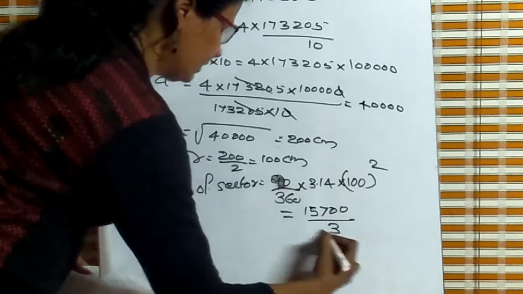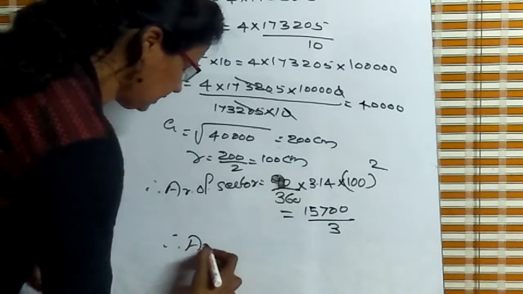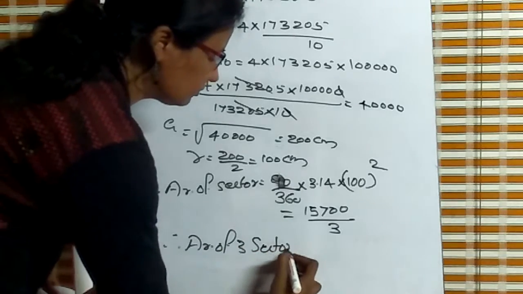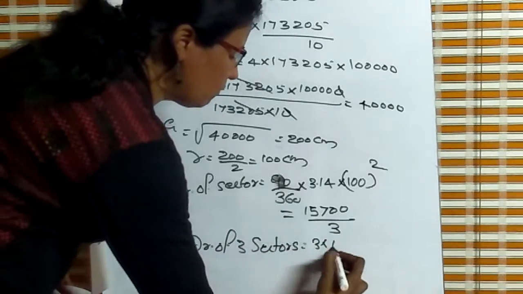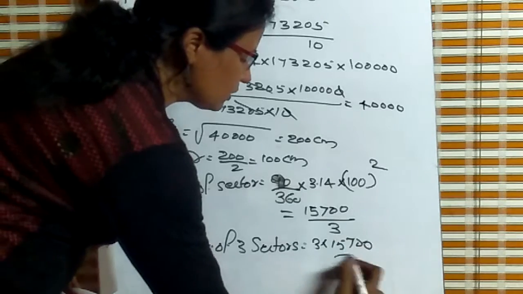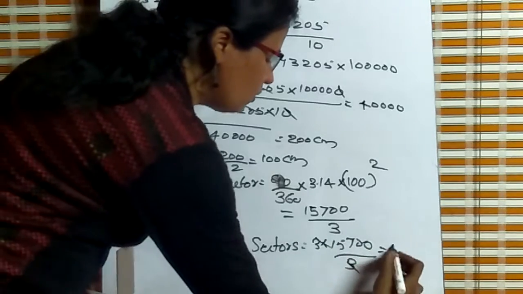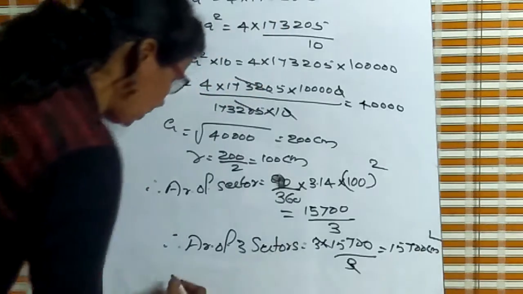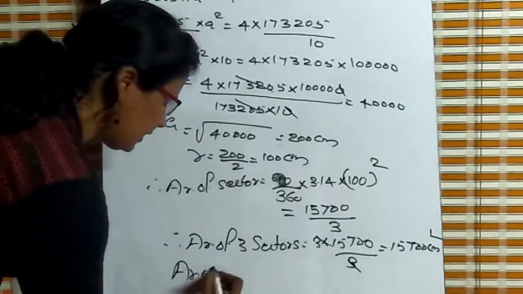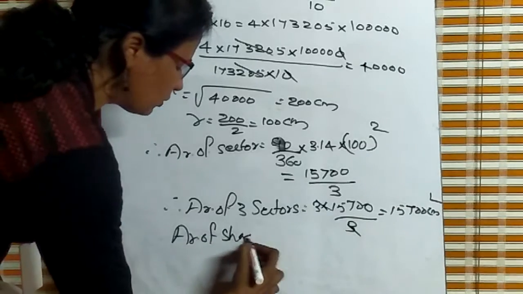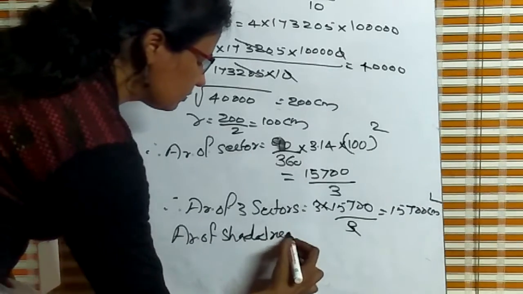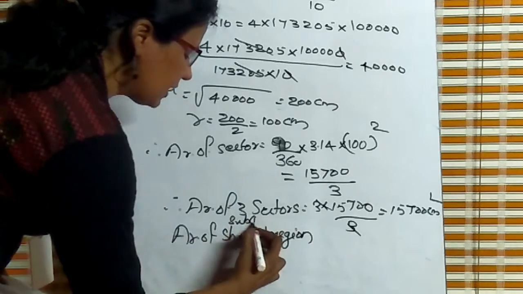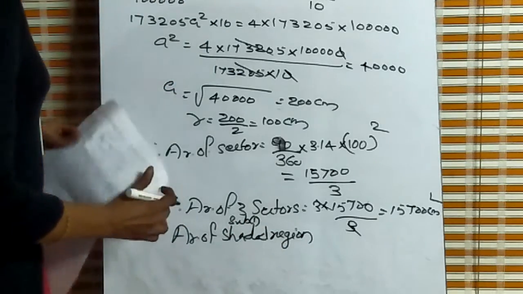Therefore, area of 3 sectors is equal to 3 into 15700 division 3 is equal to 15700 centimeter square. Therefore, area of shaded region, substitute in 1, is equal to area of triangle minus area of sectors.